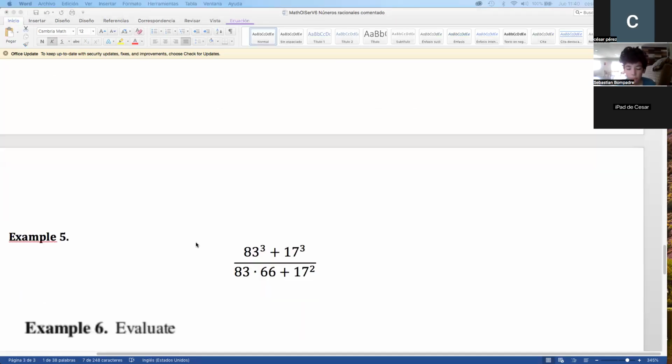Okay. Let's correct this. This will be a 3. This power is 3.